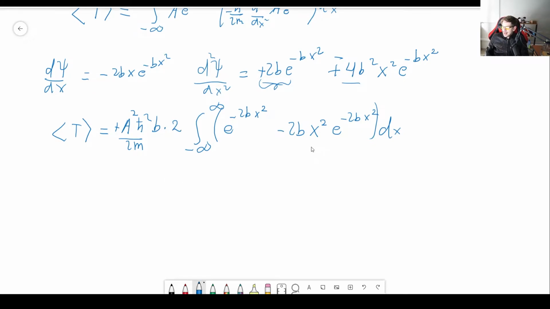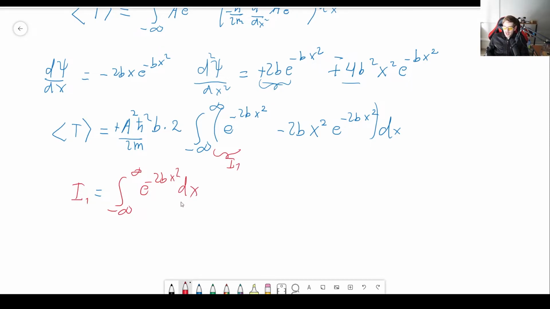Now, how do we solve this exponential? Well, this exponential is extremely important that you know. I've mentioned in the previous videos, starting with the first one, which we might as well just label I1. So I1, this is what we call a Gaussian integral. It goes from minus infinity to infinity, e to the minus 2bx squared dx.